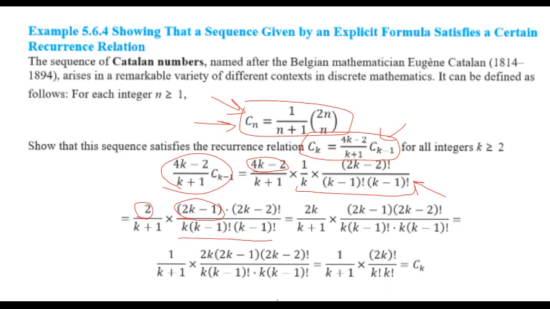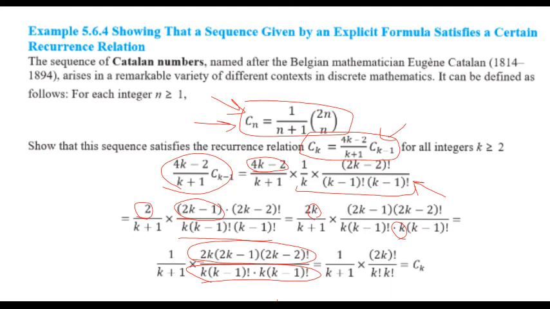Okay, and in the next step, I basically multiply k in the numerator and denominator of this giant quotient, so that in the next step I can write 2k factorial in the numerator and k factorial in the denominator.